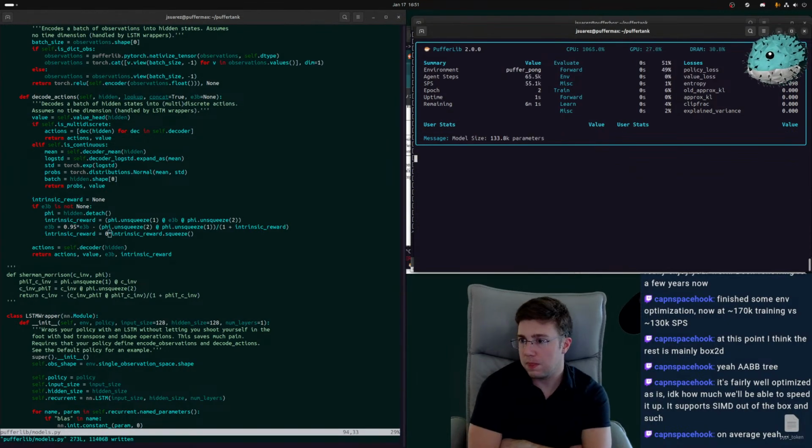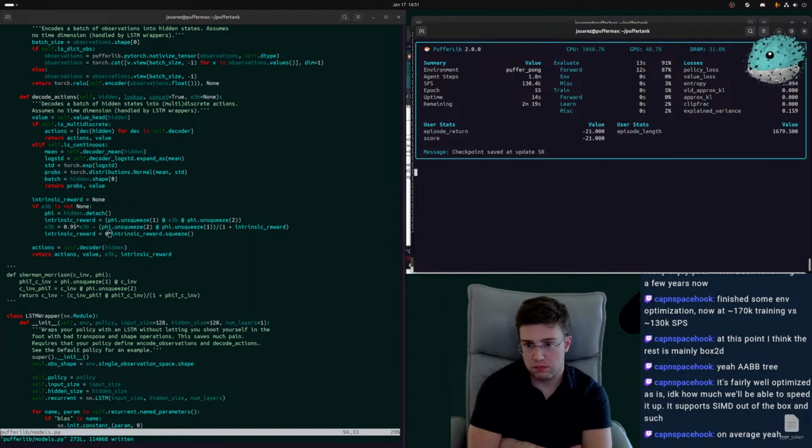If I just do this, okay, the value loss is definitely being screwed up by this calc. Okay, so this is training a little bit without the bonus.